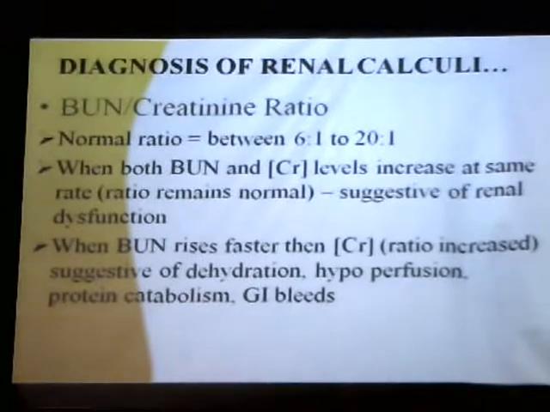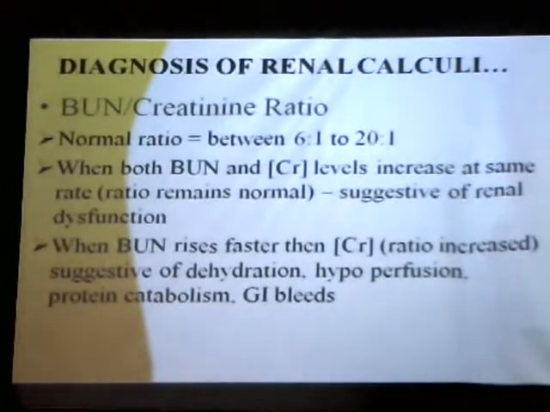When BUN rises faster than creatinine, the ratio increases to more than 20:1. If BUN is rising and creatinine remains constant, the conditions might be dehydration, hypoperfusion, protein catabolism and GI bleeding.